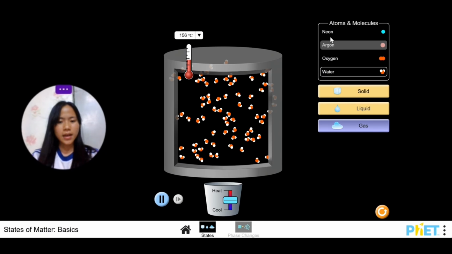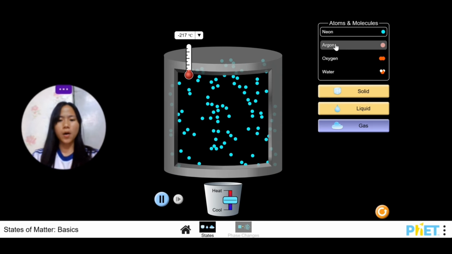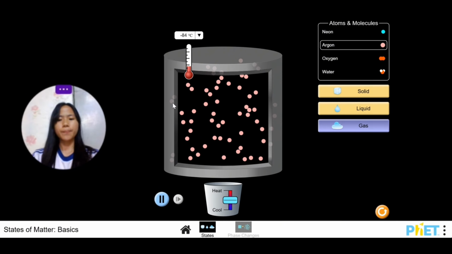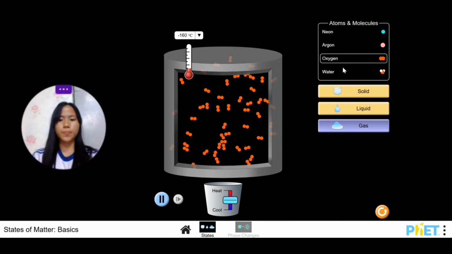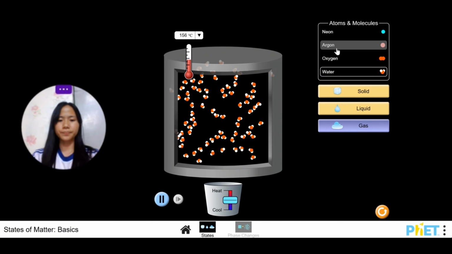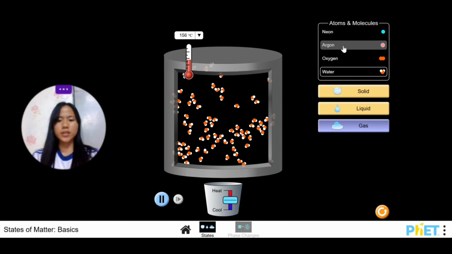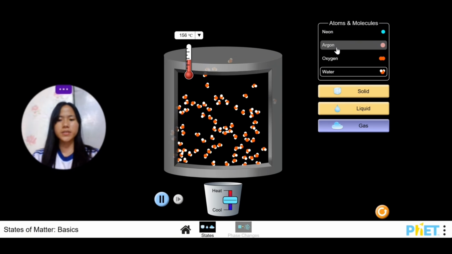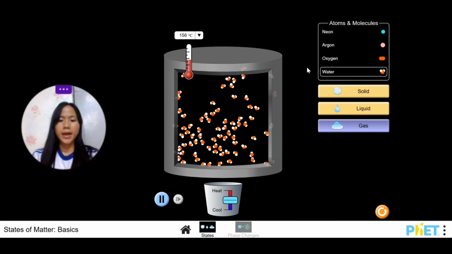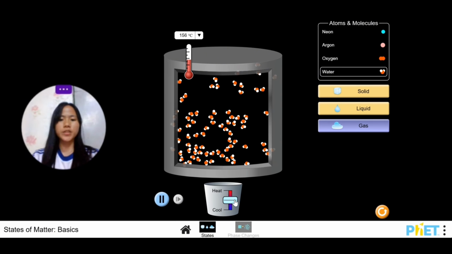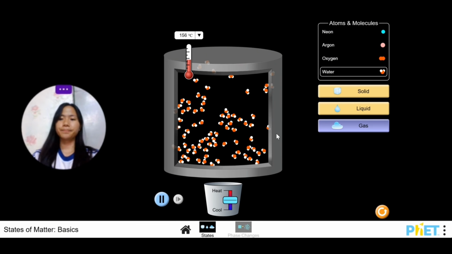In gases, molecules are far apart and move freely. This allows gases to expand and fill any space. These basic states of matter are essential to understanding how substances behave. Adjusting temperature and pressure can alter these states.